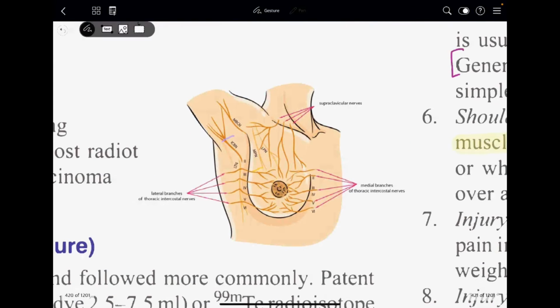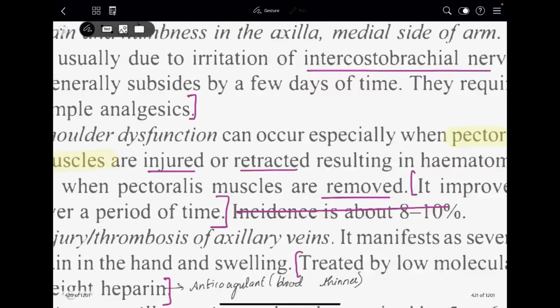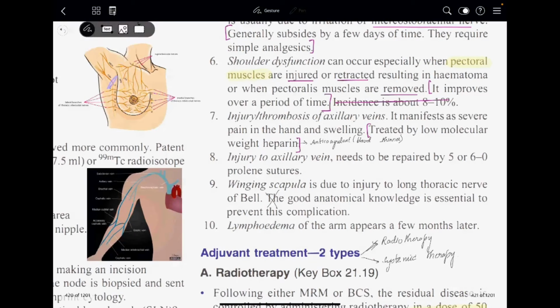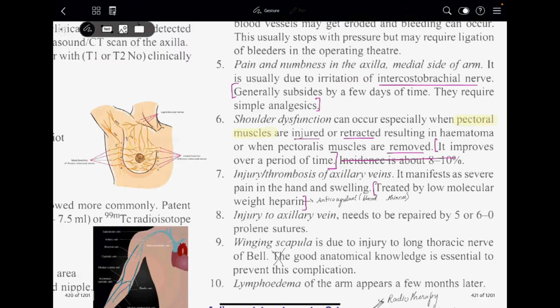If you injure this nerve, there will be pain and numbness in the axilla. Here. Okay. How will you treat it? It will subside in a few days' time. You just have to give analgesics.